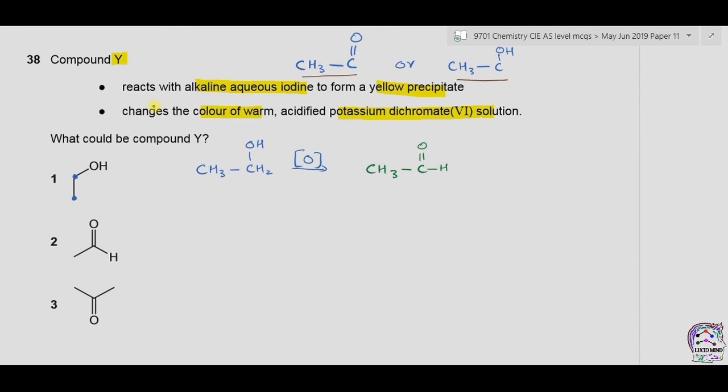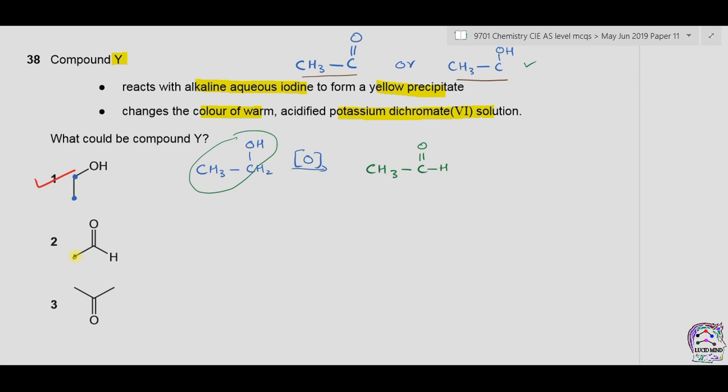So the second statement is true for this one. Also we can see that CH3CH(OH) is present, which is responsible for the yellow precipitate in the alkaline aqueous iodine reaction. So option 1 is correct.